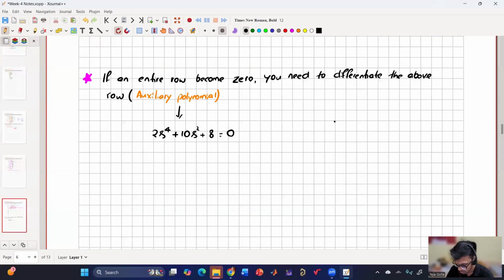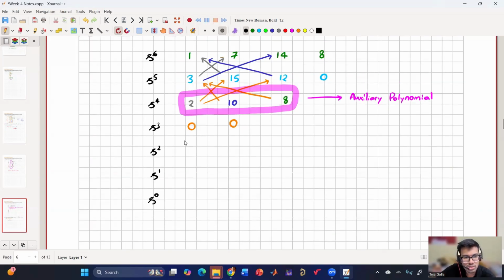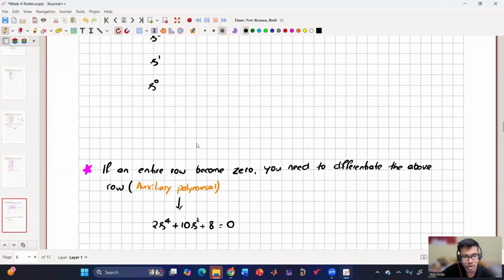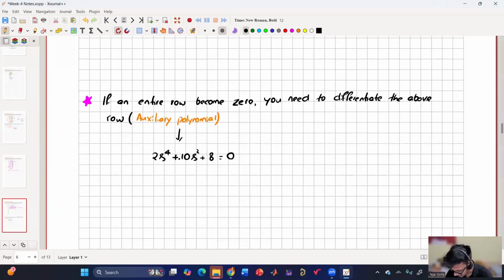Yes, sir. So now if you differentiate this, whatever elements you get will be used in the s cube row. If we differentiate it, we get 8s cube plus 20s plus 0.